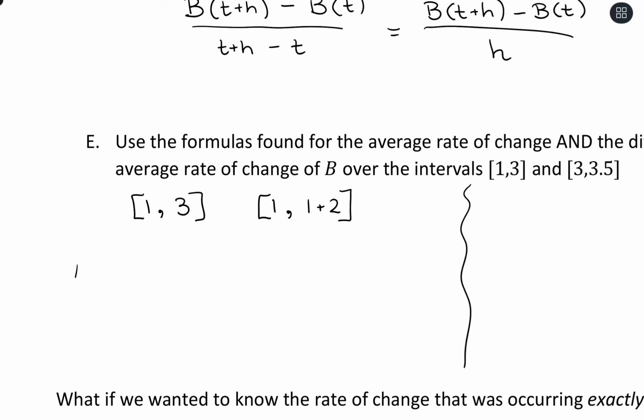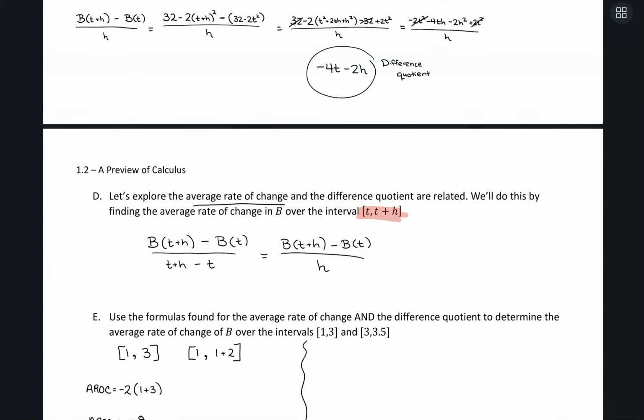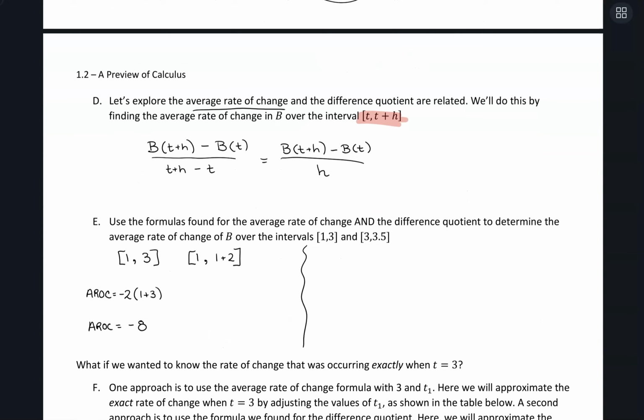So for 1 to 3, I would be using that average rate of change, which tells me to take -2 times, and then add those two values together. So that would be a -2 times 4. There's our -8. If I thought of it as 1 to 1 plus 2, then what I could do is use that -4t minus 2h.